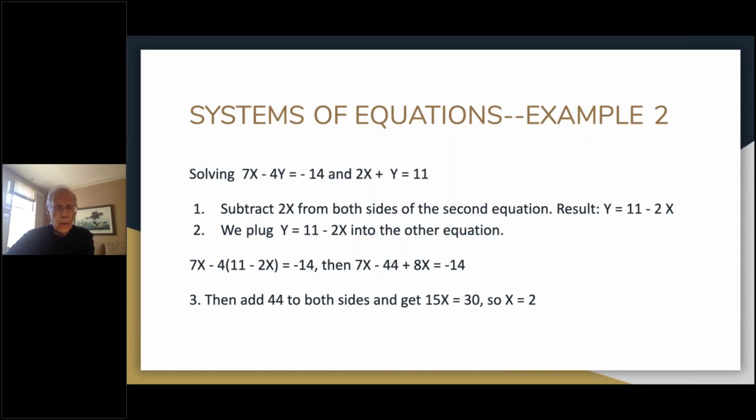On the left side, if we add 7x and 8x, we get 15x. So 15x equals 30. Easy then, we divide both sides by 15, and we know that x is equal to 2. Voila. So onward.